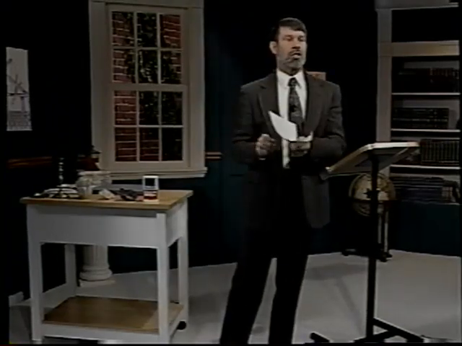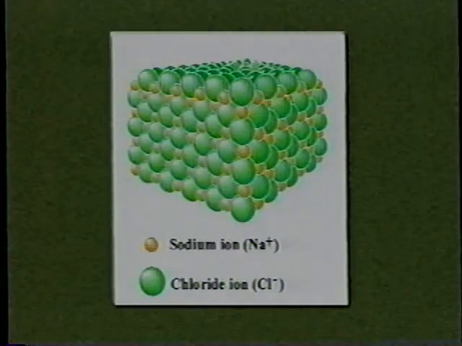So it's a +1 ion. And the chlorine has 17 positive charges in its nucleus, but now it has 18 electrons. So it's a -1 ion. You have a +1 ion, a -1 ion. They see each other and they say, aha, electrostatic attraction, and they bond. This is the formation of an ionic bond.